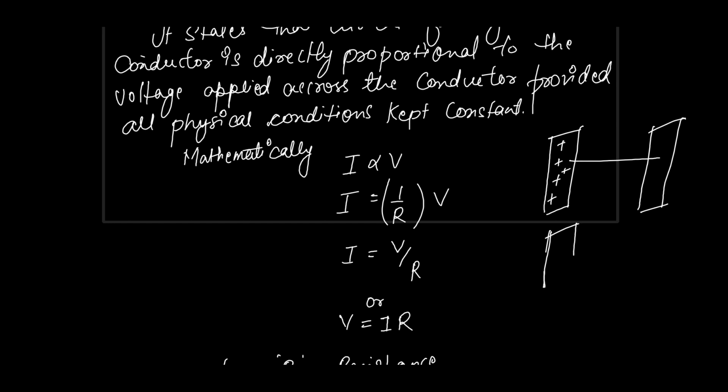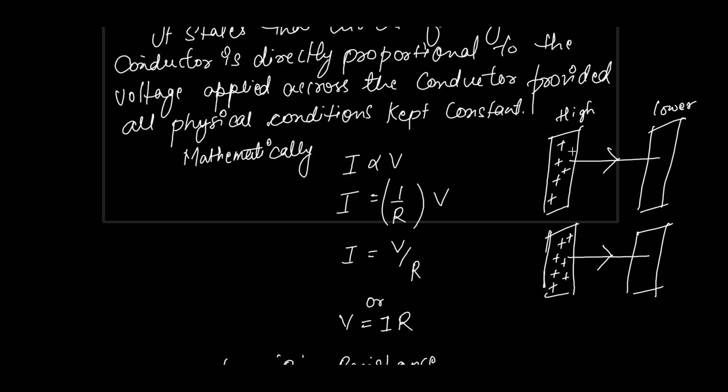Okay, so let me make two plates out here. In the first plate there are five charges, you can see. In the second plate I will make seven charges, just to show it is greater than the first. So this will be at the higher potential and this will be at the lower potential, and the charges are going to flow from higher to lower potential.